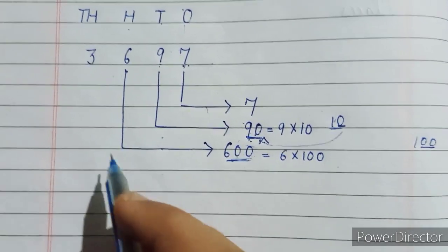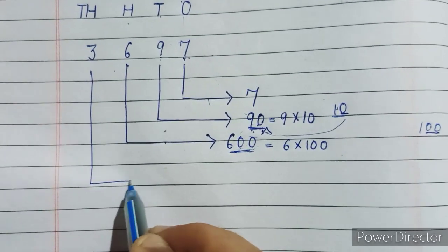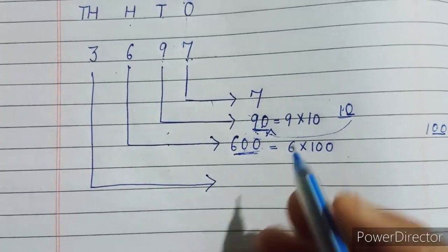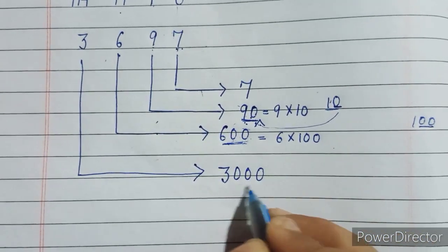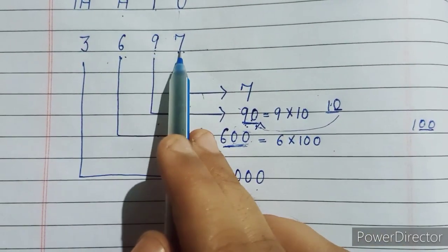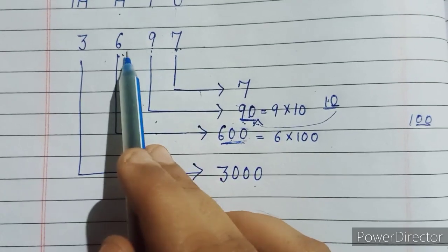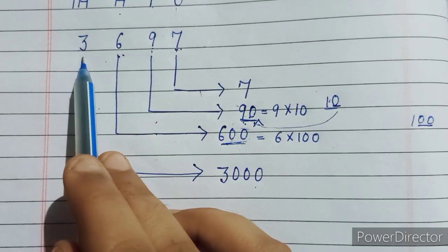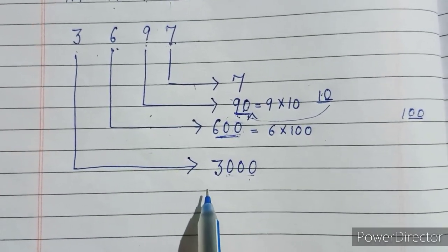Clear? Look at digit 3. The place value of 3 is 3000, because there are 3 more digits after 3. So we will add 3 zeros here.